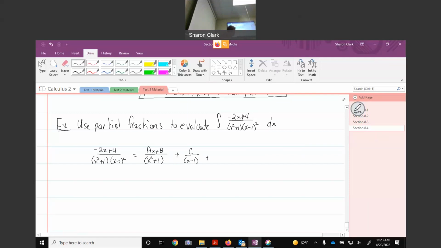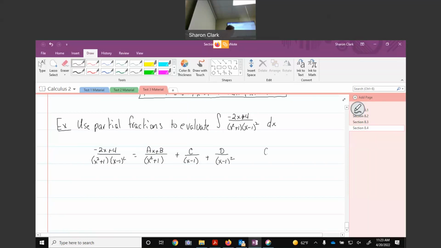The b must have been a 0 on yours for it to work. It's because there was a difference of squares. While it looks the same, it's not. This one is an irreducible quadratic, so I can't break it down. So that's why you need it. Right. So d over x minus 1 squared.